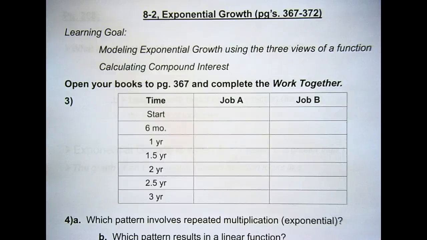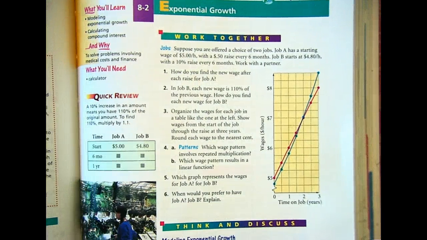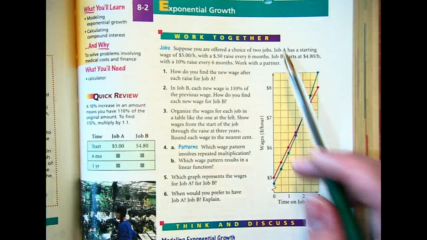It says, how do you find the new wage after each raise for job A? Okay, so it says suppose you offer a choice of 2 jobs. Job A is starting wage at $5 an hour with a 50-cent raise every 6 months.